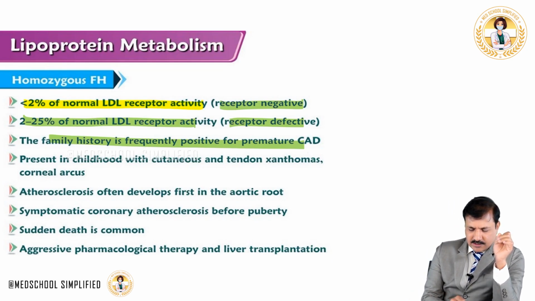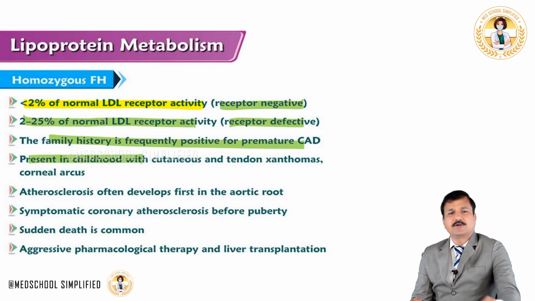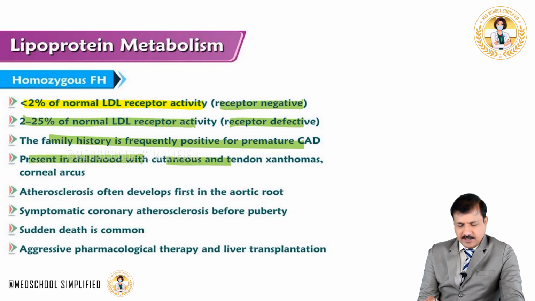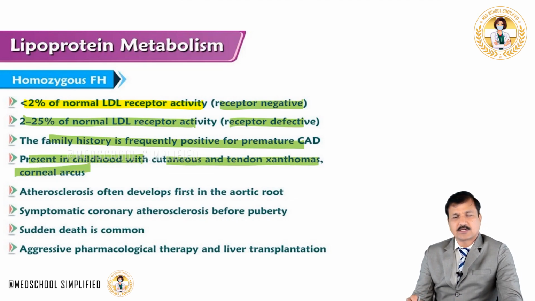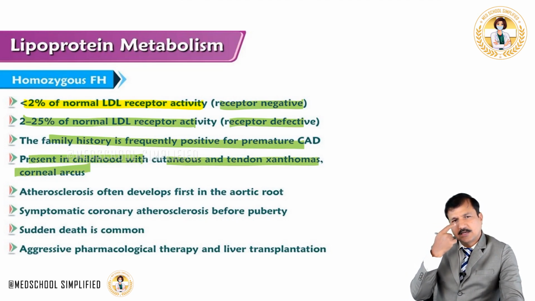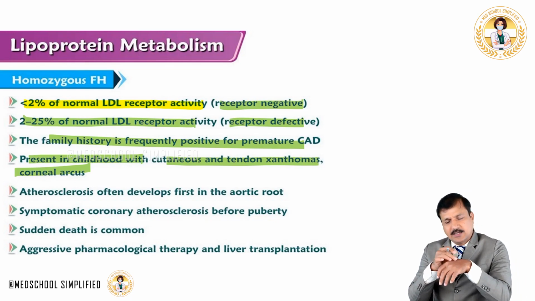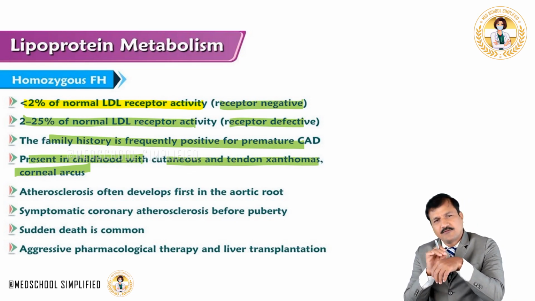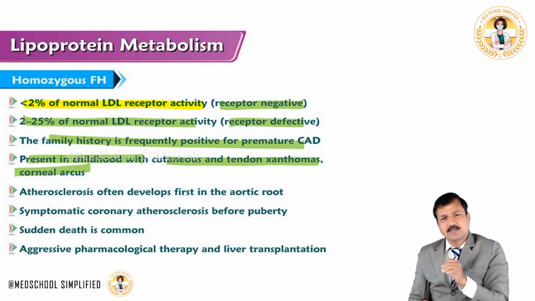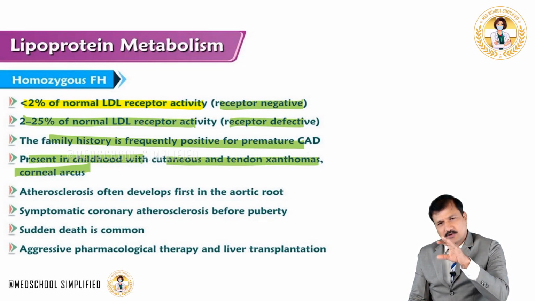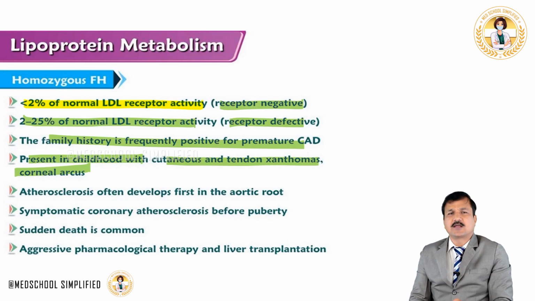And also, the disease presents in childhood with cutaneous and tendon xanthomas and corneal arcus. That means a fatty material accumulated around the cornea is referred to as corneal arcus, and accumulation of fatty material beneath the skin as bumps which are smooth to touch. So cutaneous xanthomas, and xanthomas over the tendons, can be seen here.